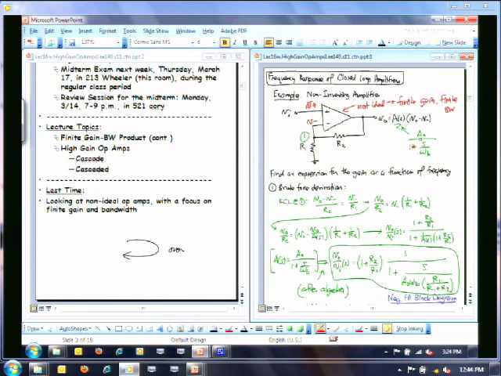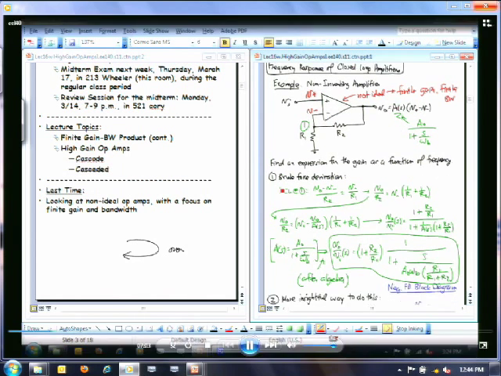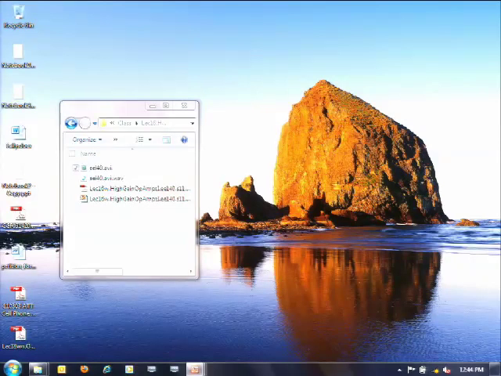Yes? Oh, the notes don't correspond? That's what I was just saying. They're linked to a different lecture. Okay, I'll check that out and make sure that's not the case, because that's a problem.